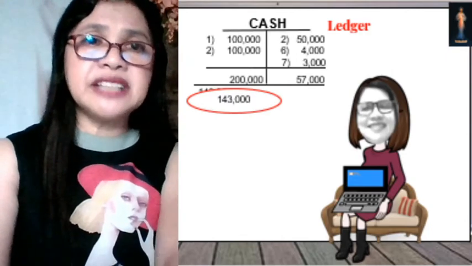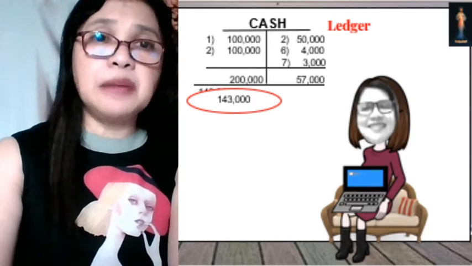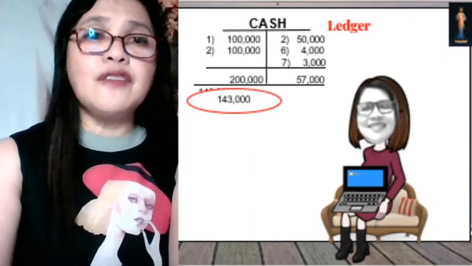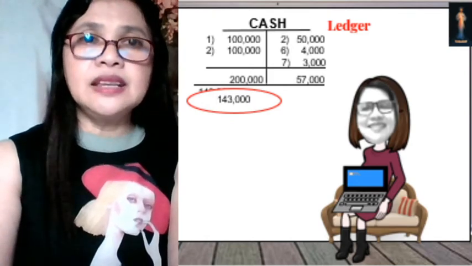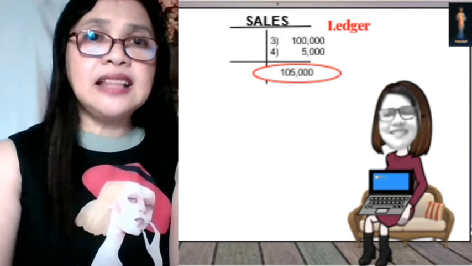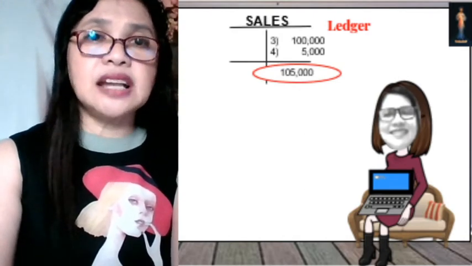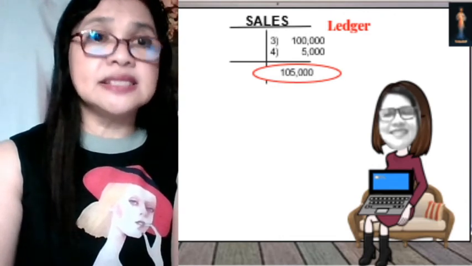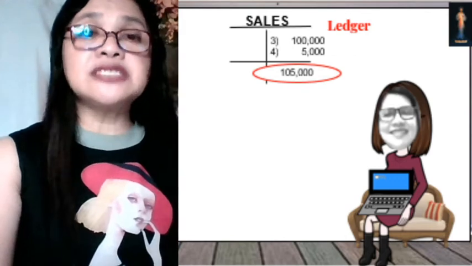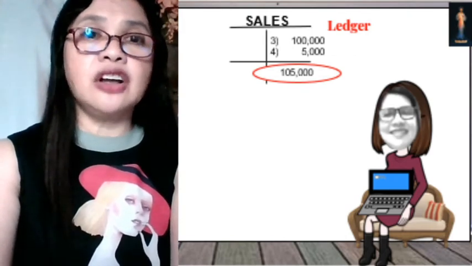For example, in this case, the debit side is a greater number, so we recognize a debit balance of cash of 143,000. Then, sales account again has two transactions, transaction number 3 and transaction number 4. I think this 100,000 is the sales on cash, and this 5,000 is the sales on account.